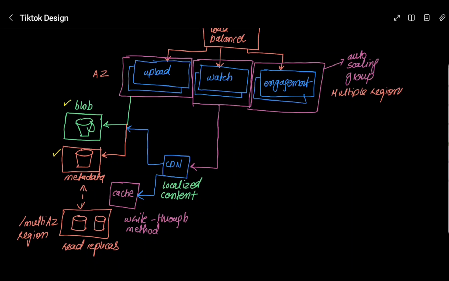So it would readily be writing through, let me just add dotted lines, while going through the CDN, and we can say right over here, and it would be replicated over here, or if it's, so yeah, something like this.